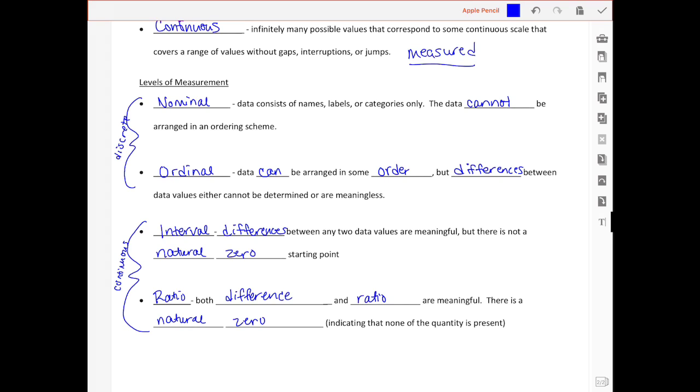So if we measure, again, to the whole idea of the differences mean something, if we're measuring something and we get that one square is half a centimeter wide, and we say, well, this other one is twice as wide, so that means it's a whole centimeter. Okay, so that it means something. When you're counting, it doesn't mean so much.